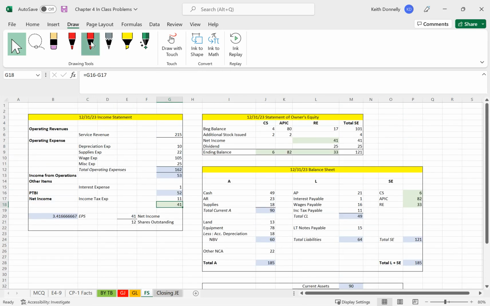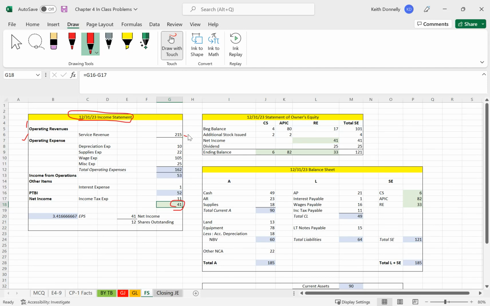So we start with the income statement. We're going to do our revenues minus our expenses. This looks like a multi-step income statement, because we have those subtotals in between. That gets us our net income of $41.